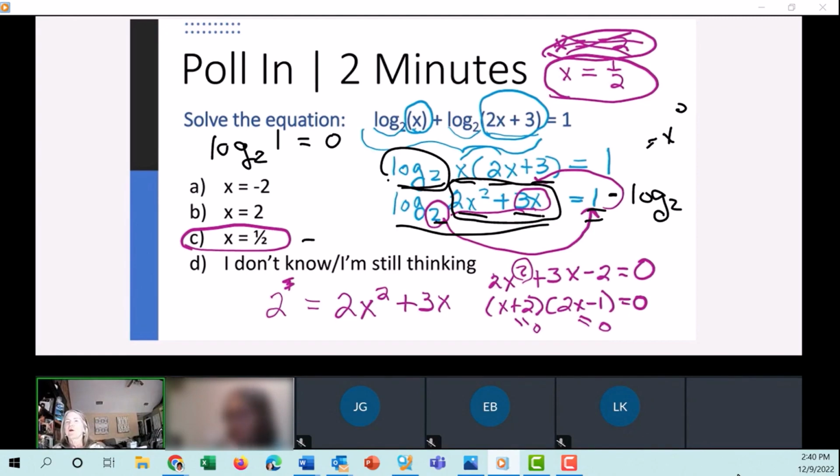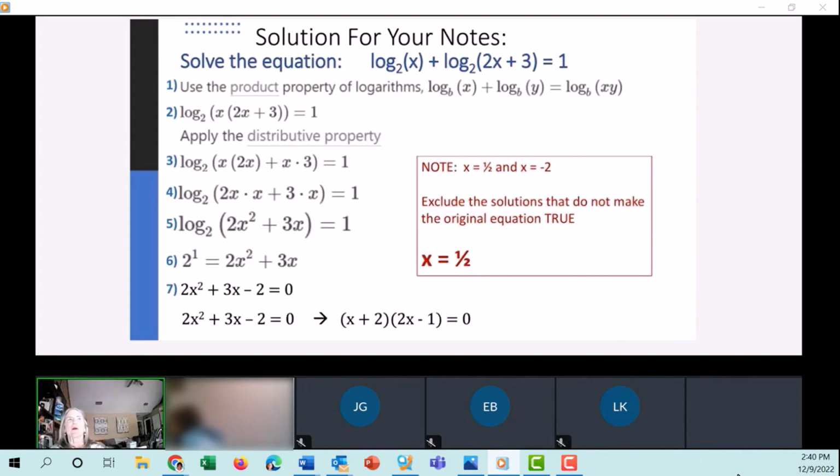Don't really know. Okay, here's where I'm going to ask you to, because I don't have a lot of room here, I've worked it out, go into the ICANN, and I'll have the recording with the steps, step by step. But this is using the property of logarithms. We got started going in the right direction.